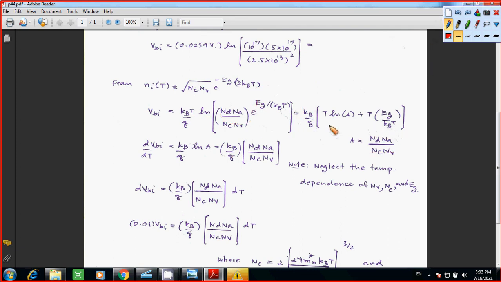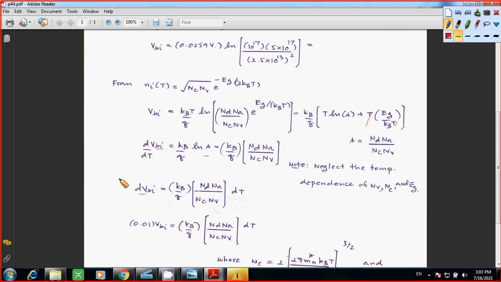and T cancels out, so you don't have the second term depending on T, so you do a derivative with respect to T of VBI. So you have kB over Q, and then ln NA ND over NC NV dT.